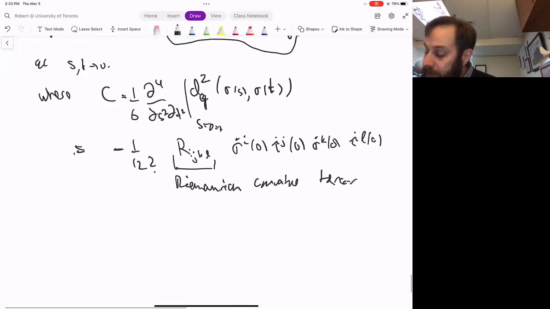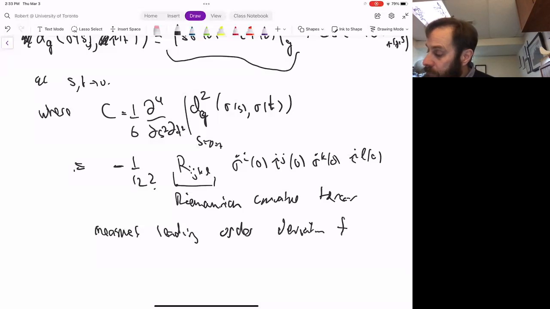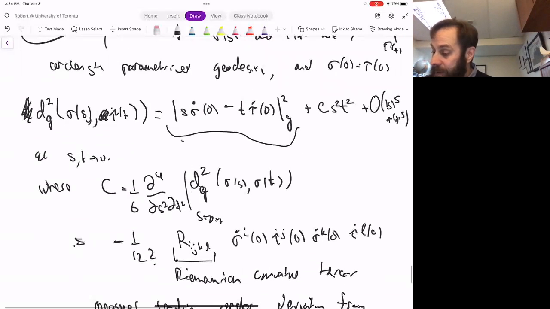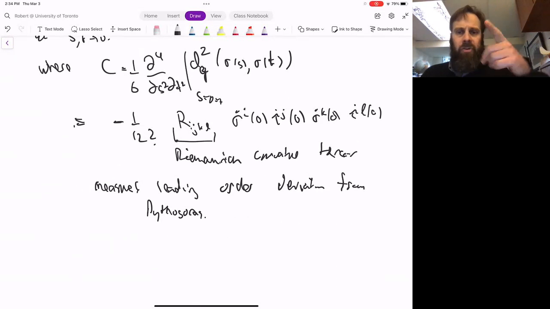So it measures the leading order deviation from Pythagoras, at least in the case where these are orthogonal to each other, where it would give you the Pythagorean theorem. So the Riemann curvature tensor is measuring something associated with triangles.